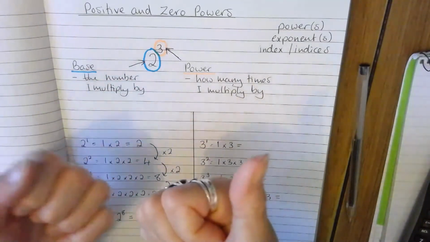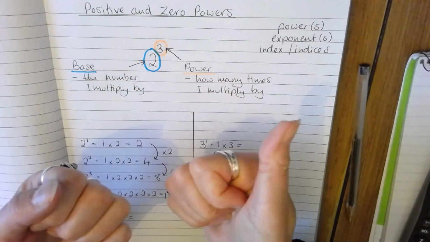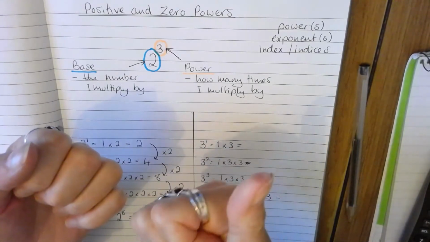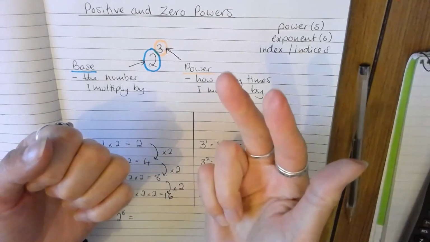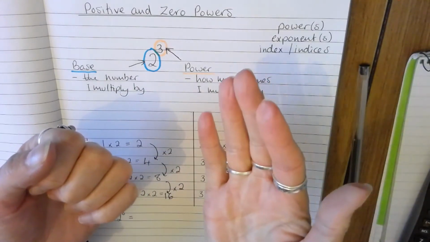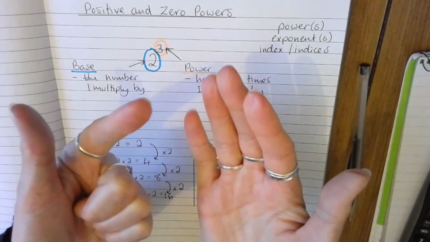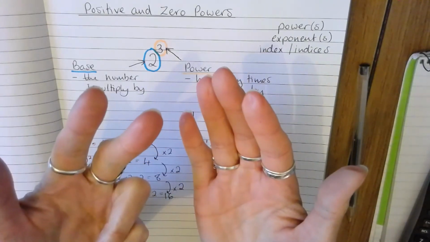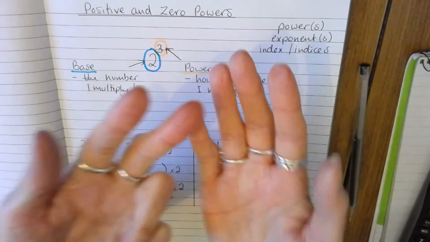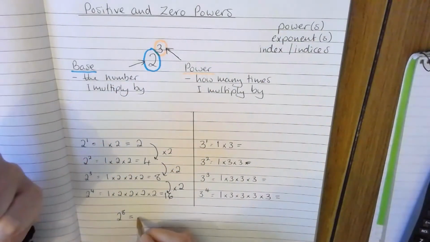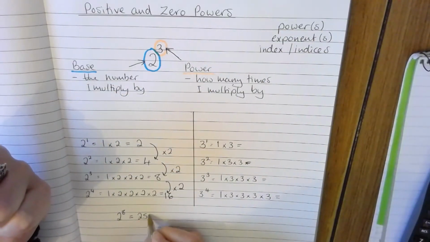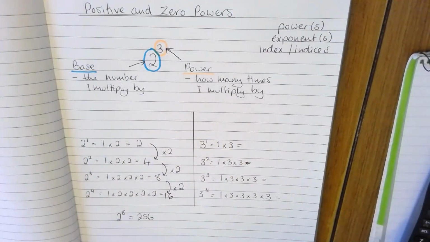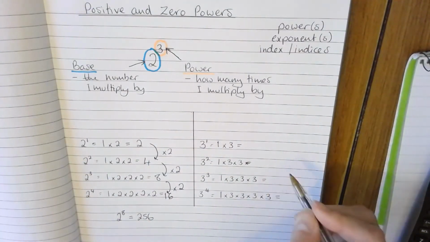So I start with 2 to the power of 1, which is 2, and then I double each time. 2, 4, 8, 16, 32, 64, 128, 256. I have 8 fingers up, so 2 to the power of 8 is 256.